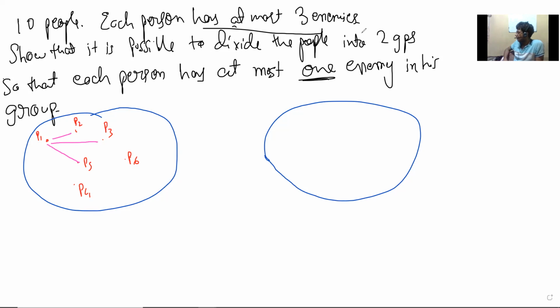See, the problem with removing P1 is that you don't know about P2, P3, and P5, right?